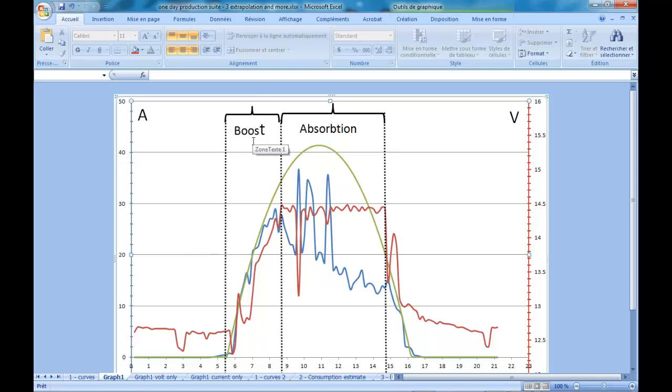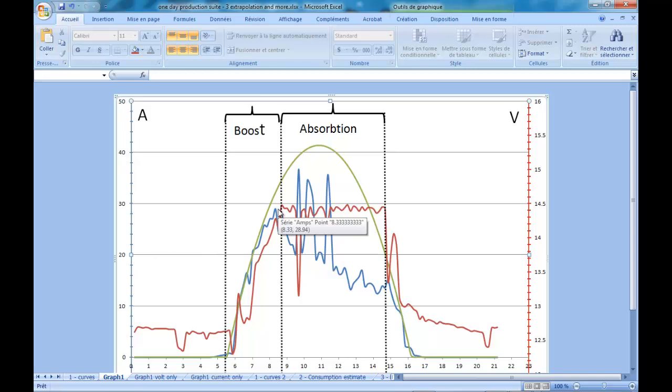Now you can see here on the blue curve, the boost phase is reaching about 30 amps, and at the time when the voltage of the battery, which is the red curve, is reaching about 14.4, then the charger has to reduce the current in order to keep the voltage down and stop it going up.